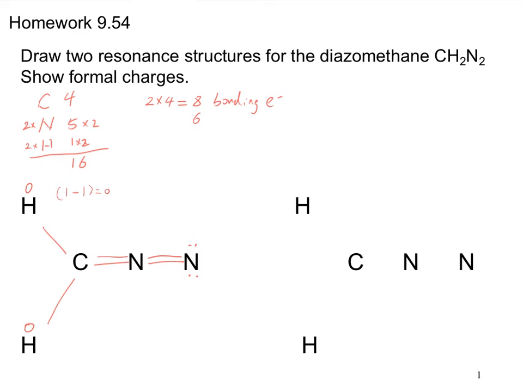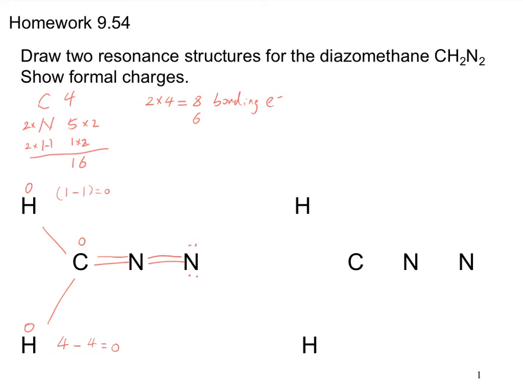And the central carbon has 4 bonds without lone pairs. The formal charge for carbon is 4 valence electrons from the neutral carbon atom minus 4 bonds, no lone pairs, which is 0.